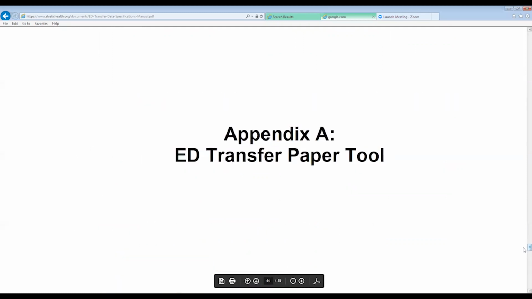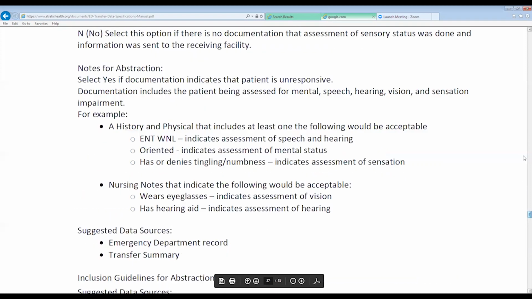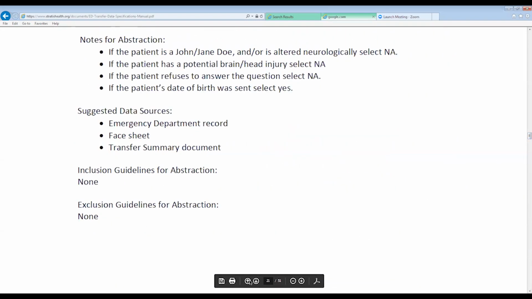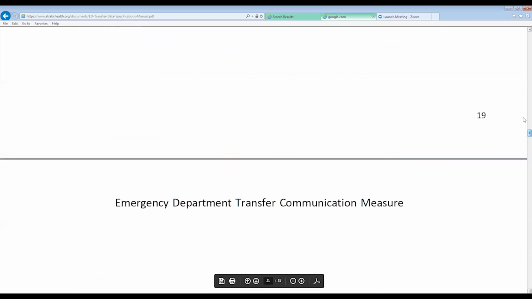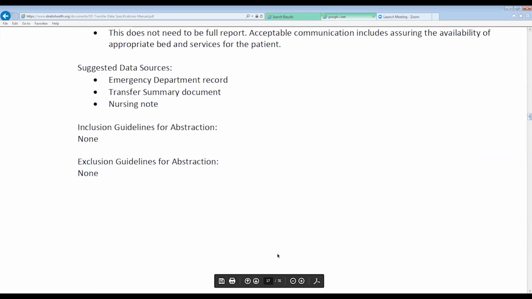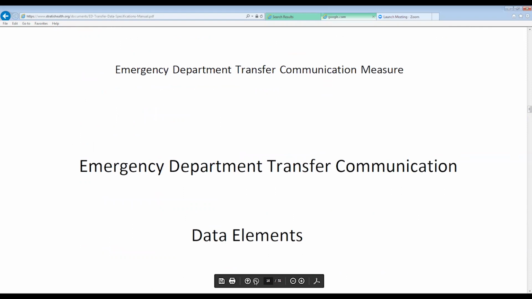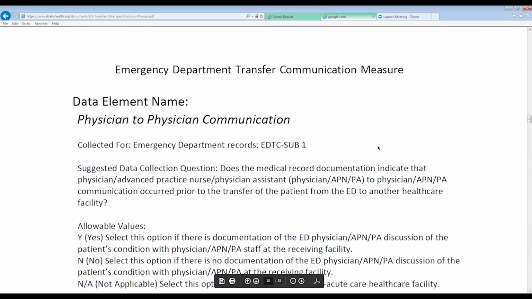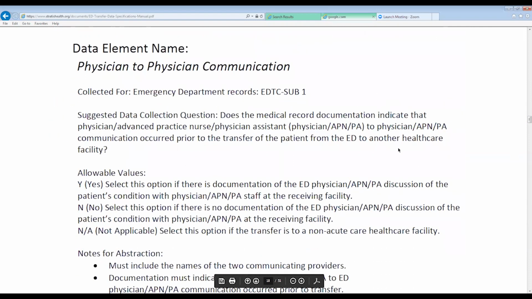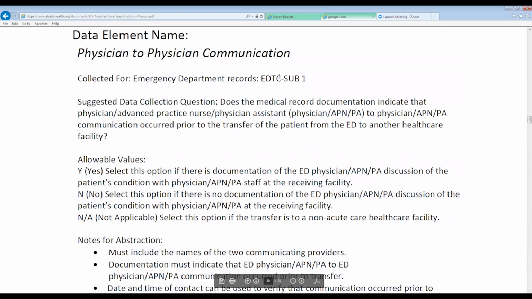One thing I forgot to mention about the physician-to-physician communication. There only needs to be physician-to-physician communication if the transfer is to an acute care facility. So if you've got a transfer to a non-acute care healthcare facility, then you would put an NA.